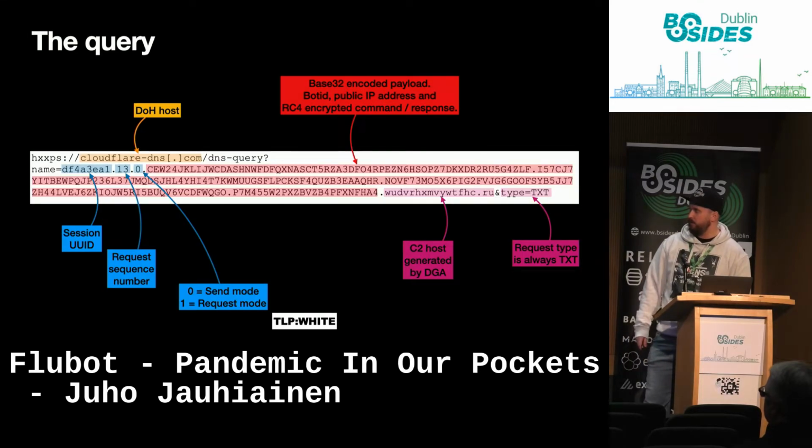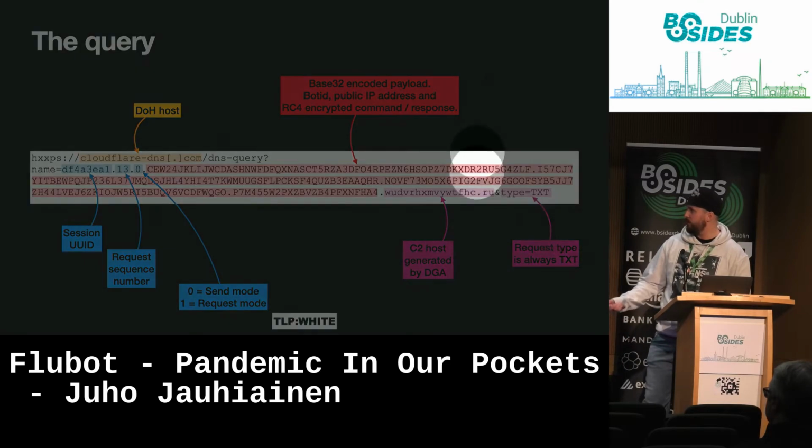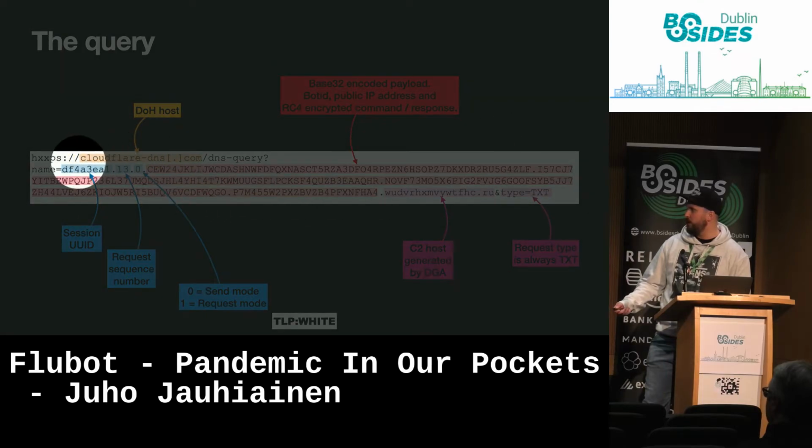So the actual request looks like this. There is this DNS over HTTPS host, and then there is this session ID, then which number the request is. It's a sequence number, and then whether it's sending data or receiving next.